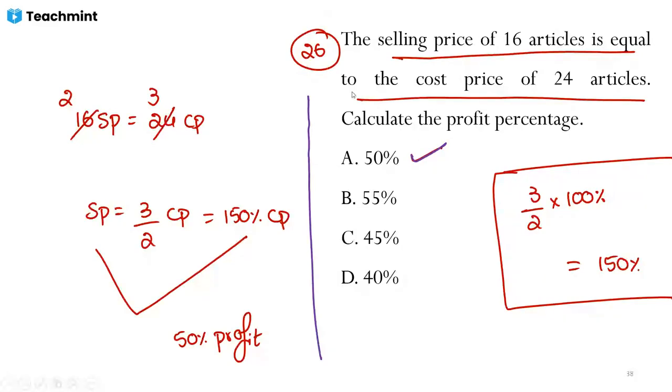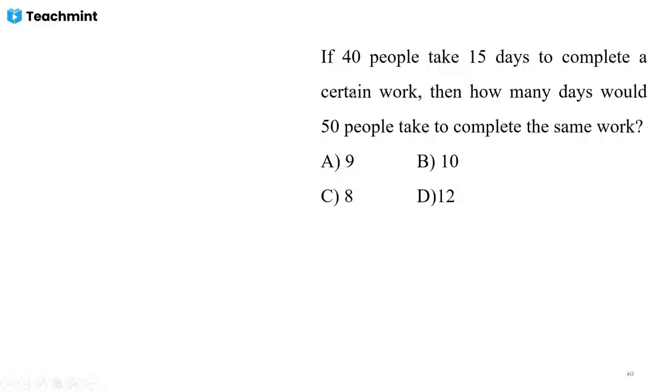See the next question. This is also time and work. Like this, basic questions they are asking, time and work. We have the chain rule. You have it in that video also.